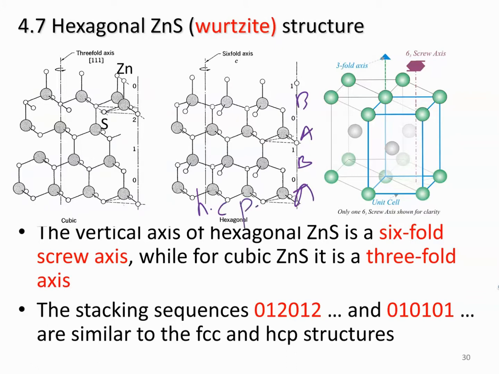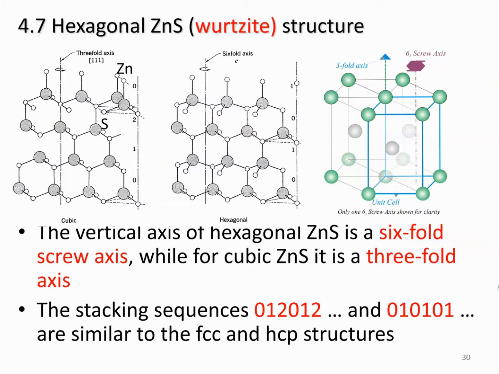And you can see that this ABC structure and AB structure are essentially different. When they are different, that means they have different atom arrangements. That means they have different symmetry. So for this hexagonal, it is composed of a 6-fold screw axis.